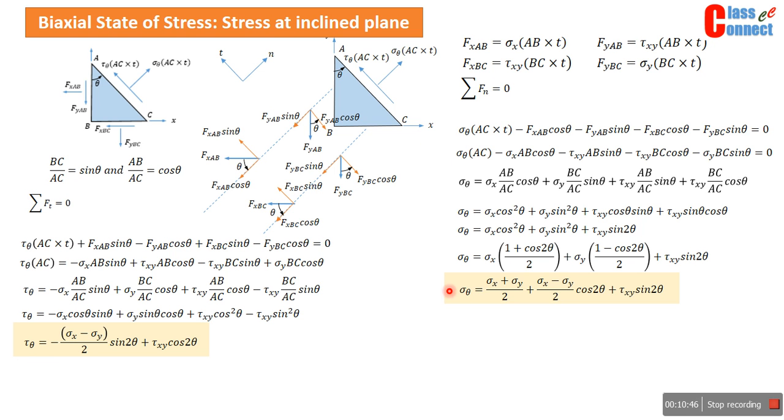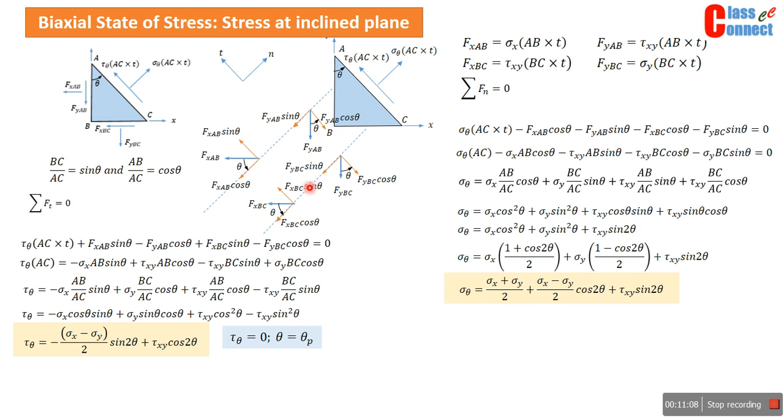But here in this case, when we resolve everything along n and t, or x dash and y dash, we get one particular solution from one equation directly. We need not further simplify. That is the advantage. That is why we did not resolve these along x and y.